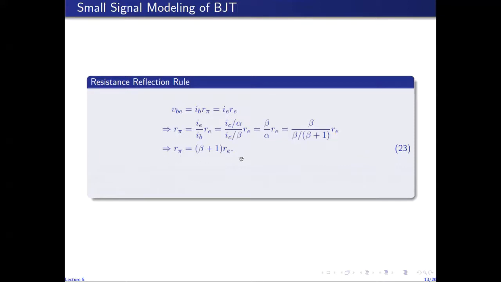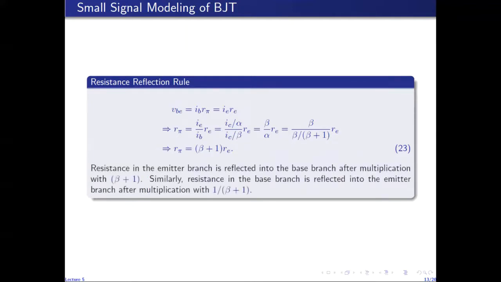So this is a very important rule in analog electronics. It's called the resistance reflection rule. All it says is that since RE is the resistance in the emitter branch, R pi is the resistance in the base branch.